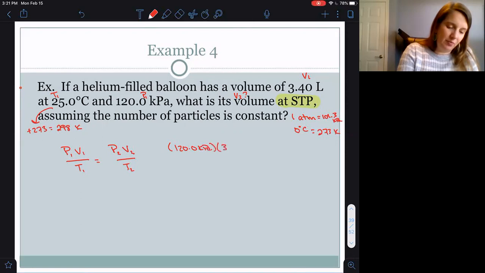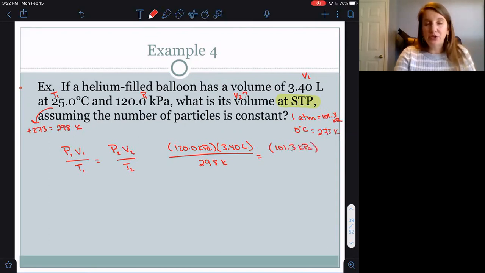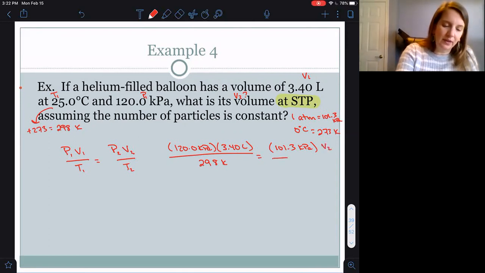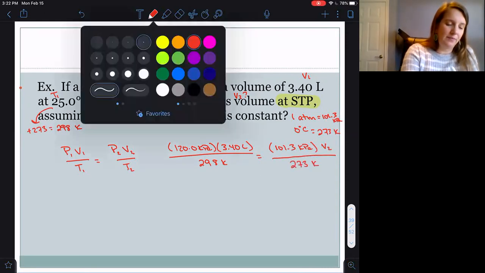My V1 was 3.40 liters. And my T1 is 298 Kelvin. My P2 is 101.3 kilopascals. Remember, I have to have the same units of pressure on both sides, and I was lazy. I didn't want to do a pressure conversion. I'm looking for V2, and I have 273 Kelvin down here on the bottom because I'm at STP.